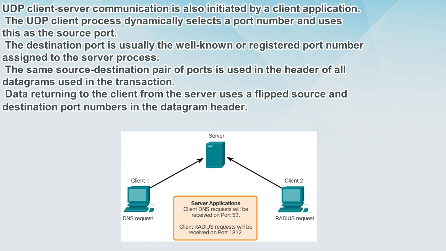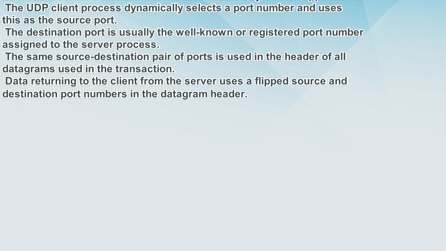The UDP client process dynamically selects a port number and uses this as the source port. The destination port is usually the well-known or registered port number assigned to the server process. The same source-destination pair of ports is used in the header of all datagrams used in the transaction. Data returning to the client from the server uses flipped source and destination port numbers in the datagram header.